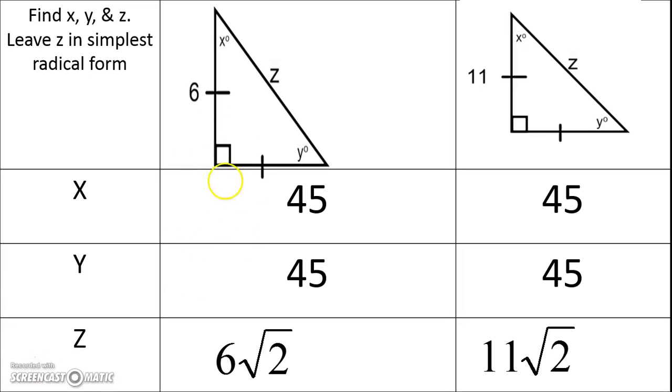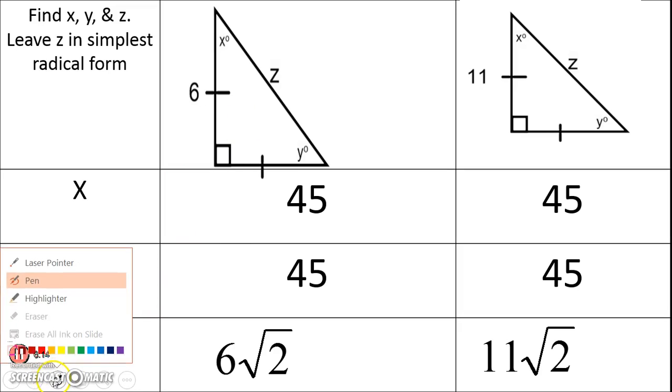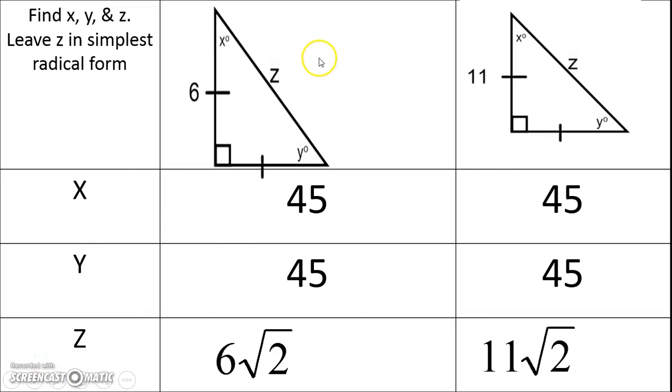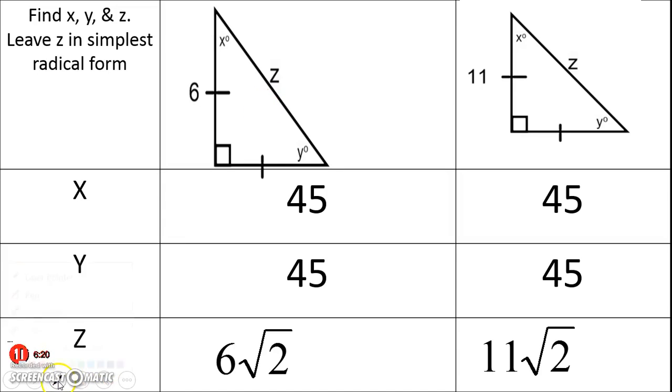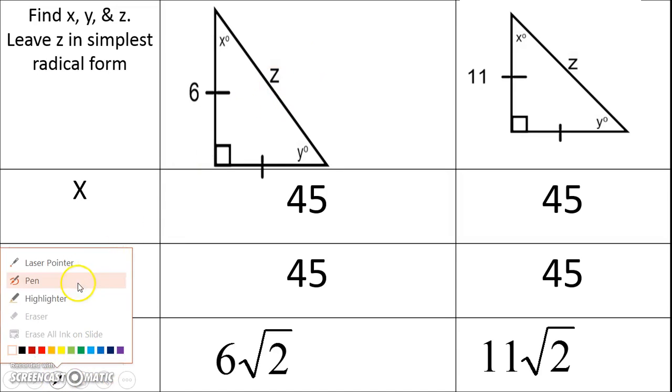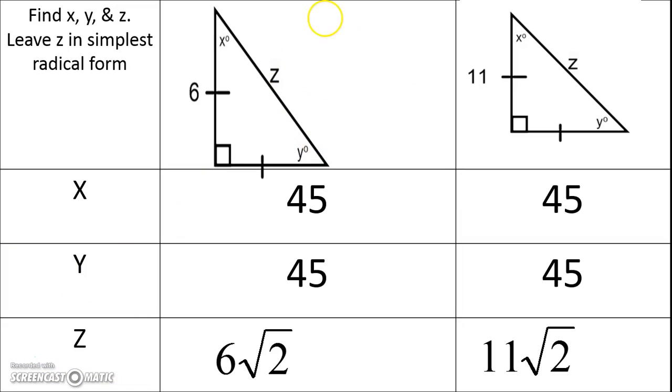So this is what we would consider a 45, 45, 90 triangle.